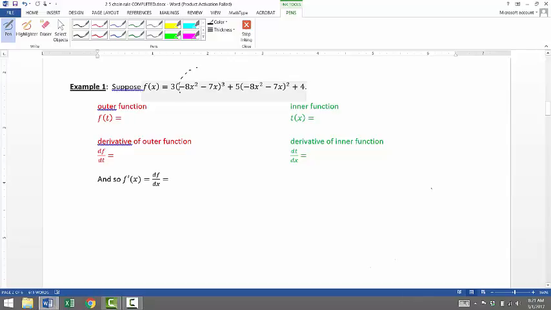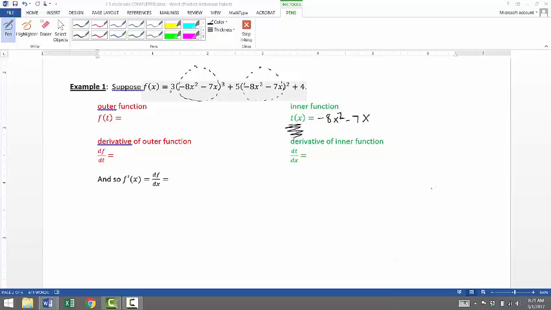Hopefully you can clearly see that there is this inner function, negative 8x squared minus 7x. And recall, we call the inner function t of x as we do our side work.